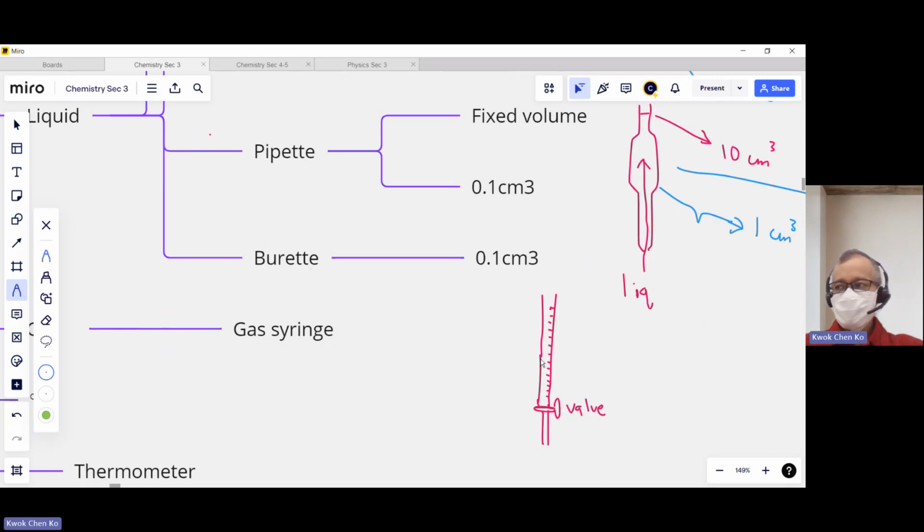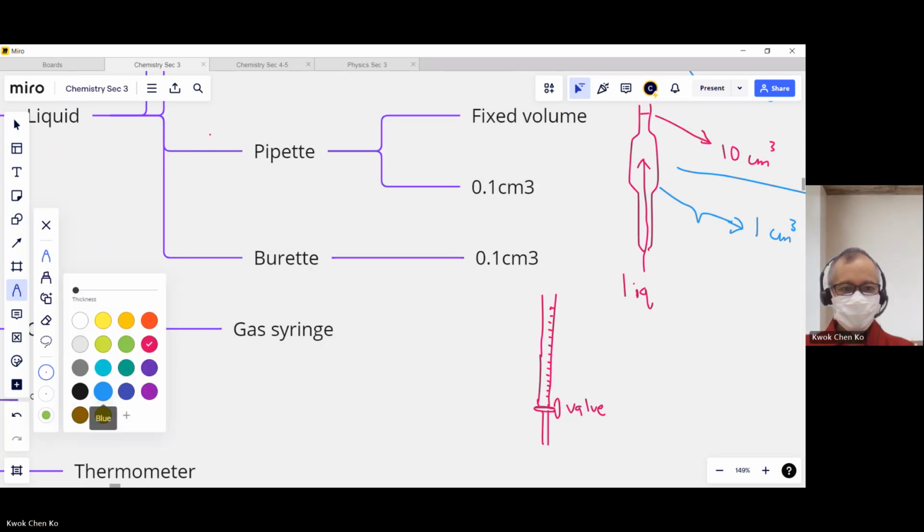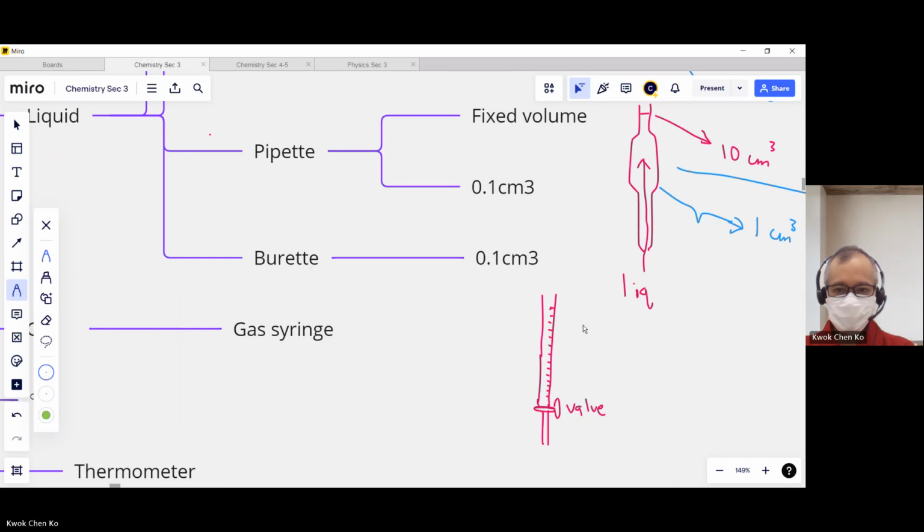Now, in the lab, there are 2 typical sizes. The more common one will be the 25 cm cube, so the maximum volume is only 25 cm cube.